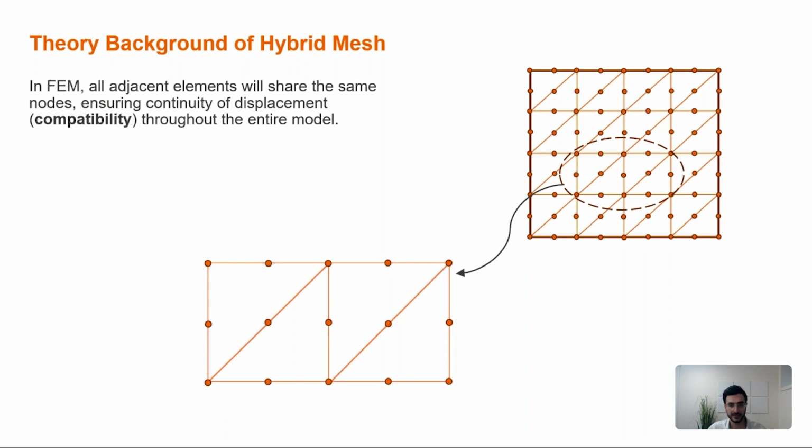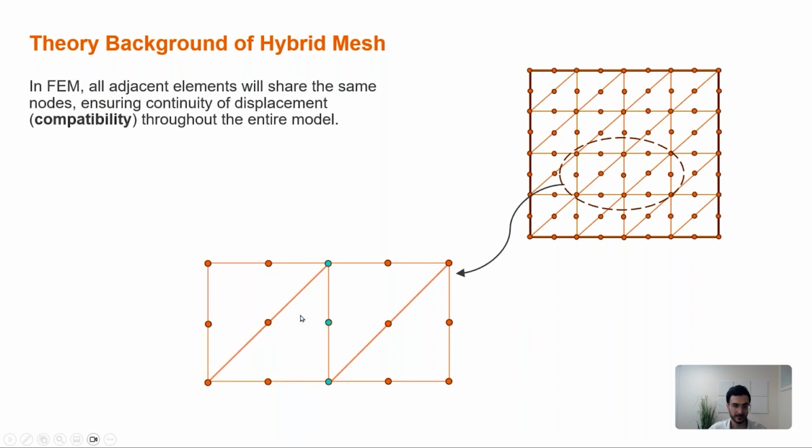Well, all finite element meshes must be compatible, meaning that they must ensure continuity of the solution across all the edges and surfaces that are shared between elements. For example, these 3 nodes are located at this edge that is shared between these 2 elements. And the displacement, if it is the deformable solid, the displacement must be continuous.